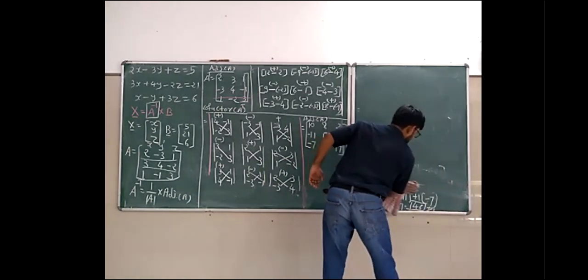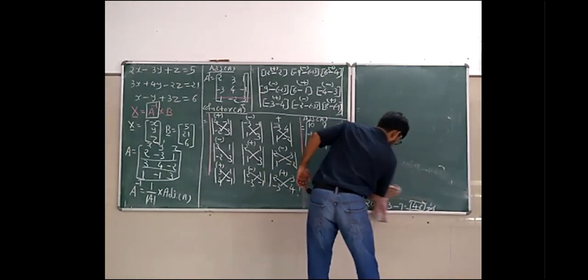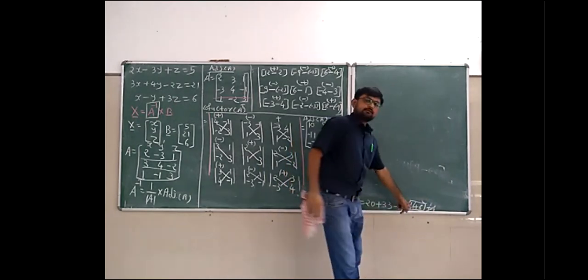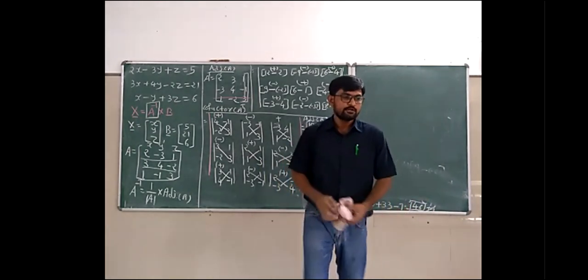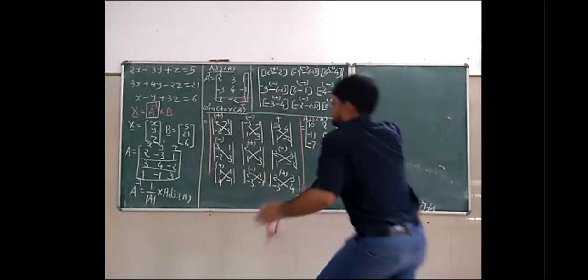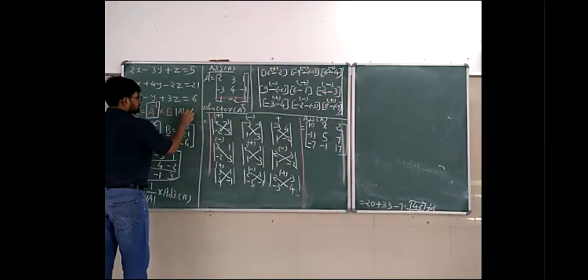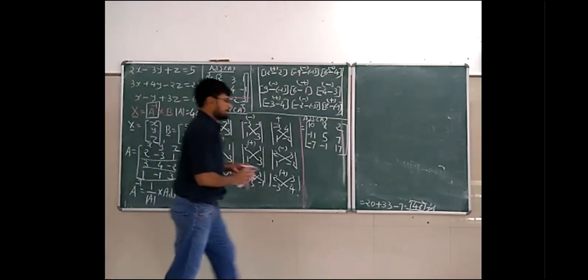For that we require the answer of the determinant of A, that is 46. So here I will first write the answer of the determinant of A. So determinant of A is 46. Clear?